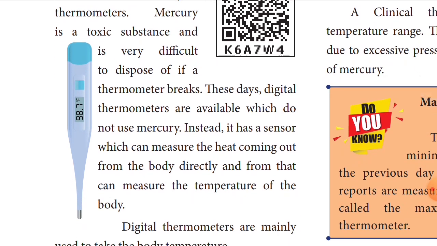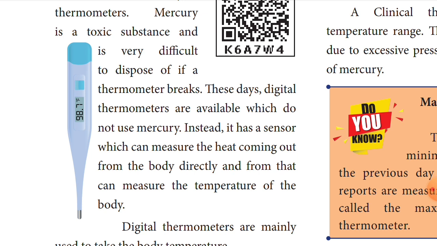These days digital thermometers are available which do not use mercury. There is no mercury here, only a digital reading. Instead it has a sensor which can measure the heat coming out of your human body directly, and from that the temperature of your body can be measured. See the temperature, children.